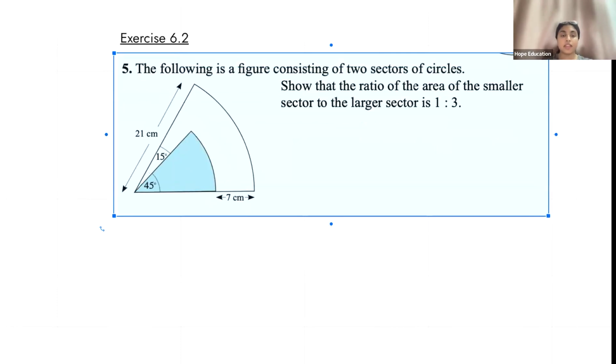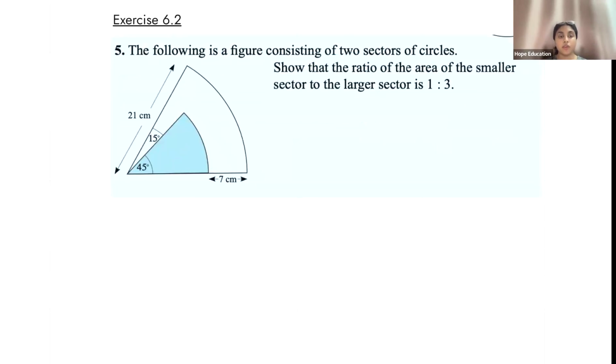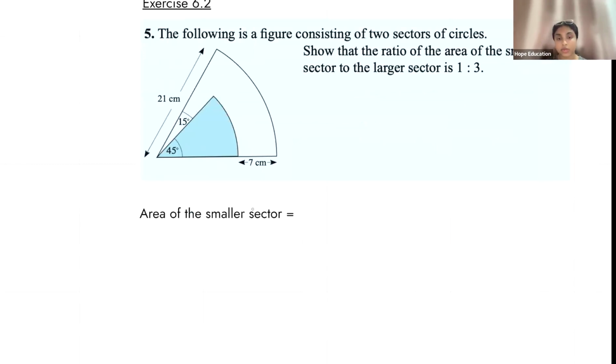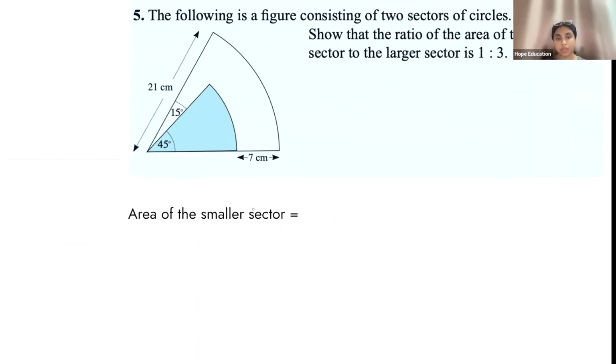So let's first find the area of the smaller sector. And now we know the formula for finding the area. Theta over 360. Maria, we are still discussing homework. We already discussed the congruency question. We are in exercise 6.2, fifth question.